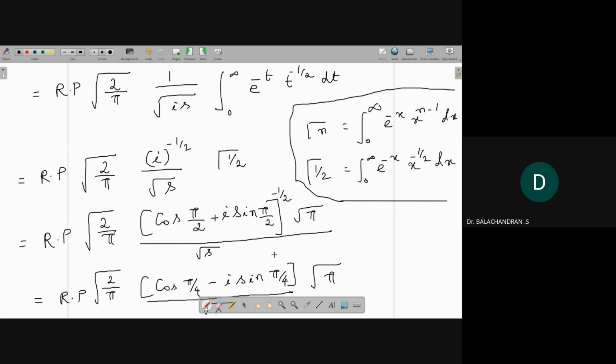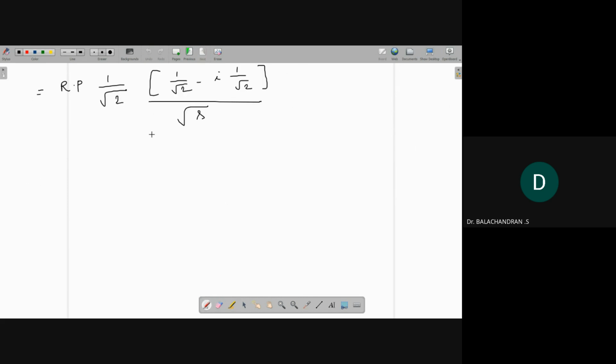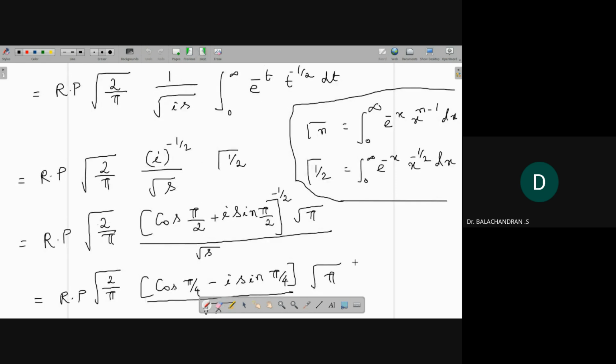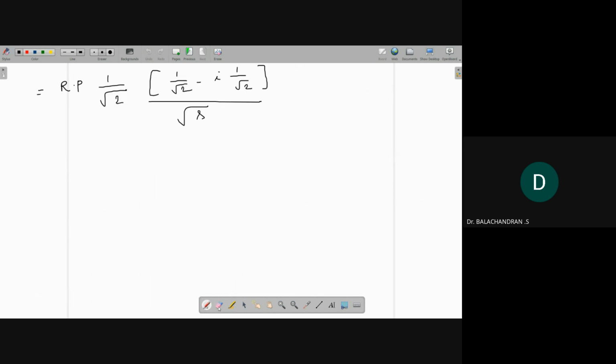Okay, so now what is the next slide? Yes, so here, in the previous slide root pi gets cancelled. In the numerator I have root 2. So if I multiply by root 2, you'll get real part of 1 minus i by root s.